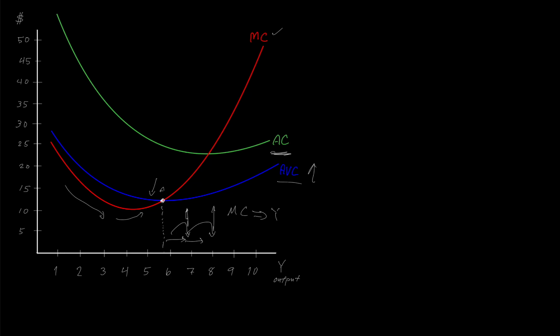Average cost groups that all in together, right? However, at this point, we still have some fixed costs to worry about. That's sort of still bringing this average cost curve down. So we can continue to produce on the margin a little bit, and then boom, finally we hit this point.